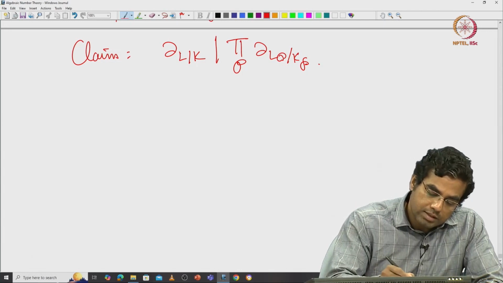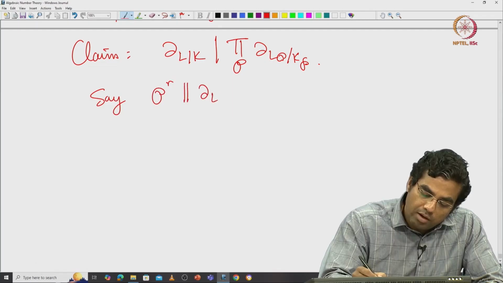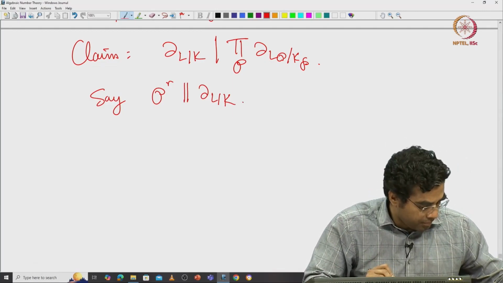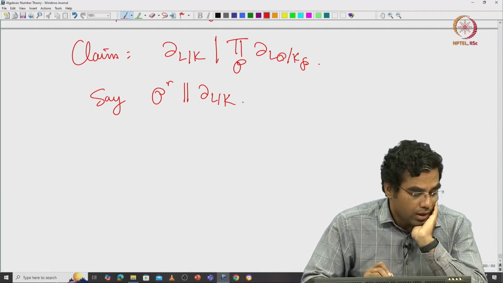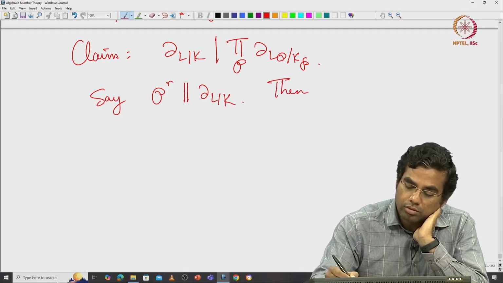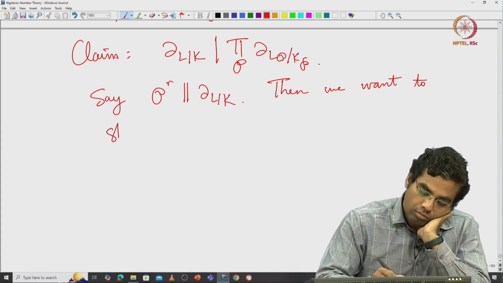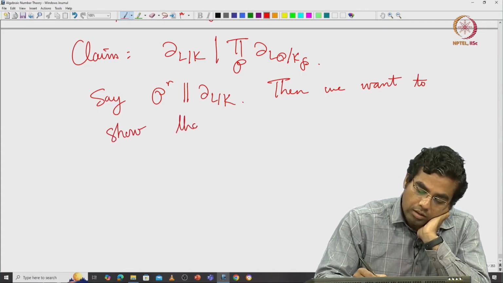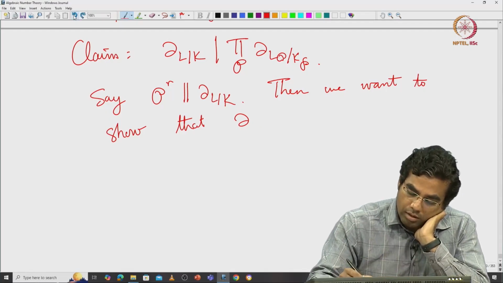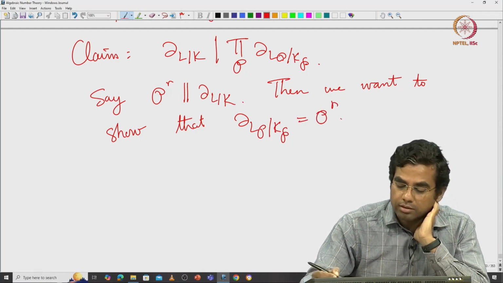Let us say P to the r is the largest power of P dividing the global different. Then we want to show that D_{L_P} over K_p is also equal to P to the r, right.